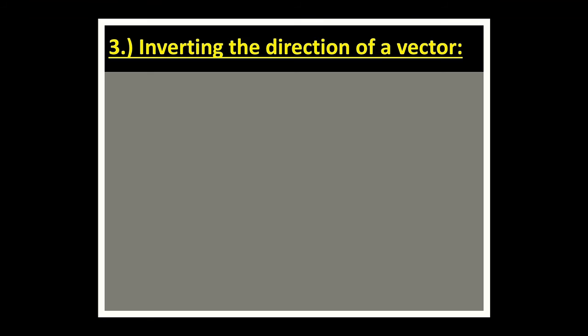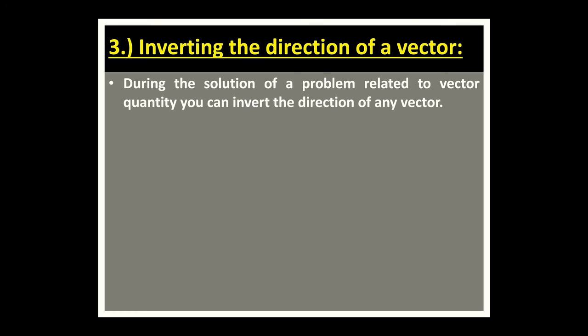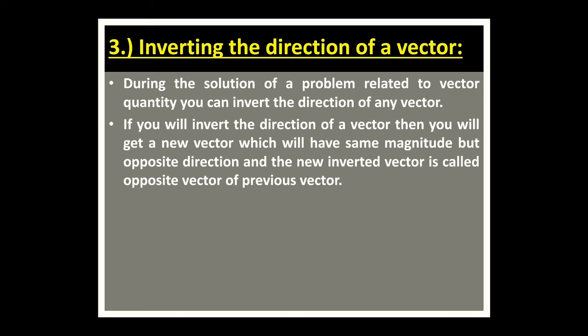Let us now move towards our next point, which is the third point: inverting the direction of a vector. During the solution of a problem related to vector quantities, you can invert the direction of any vector. If you invert the direction of a vector, you will get a new vector which has the same magnitude but opposite direction.